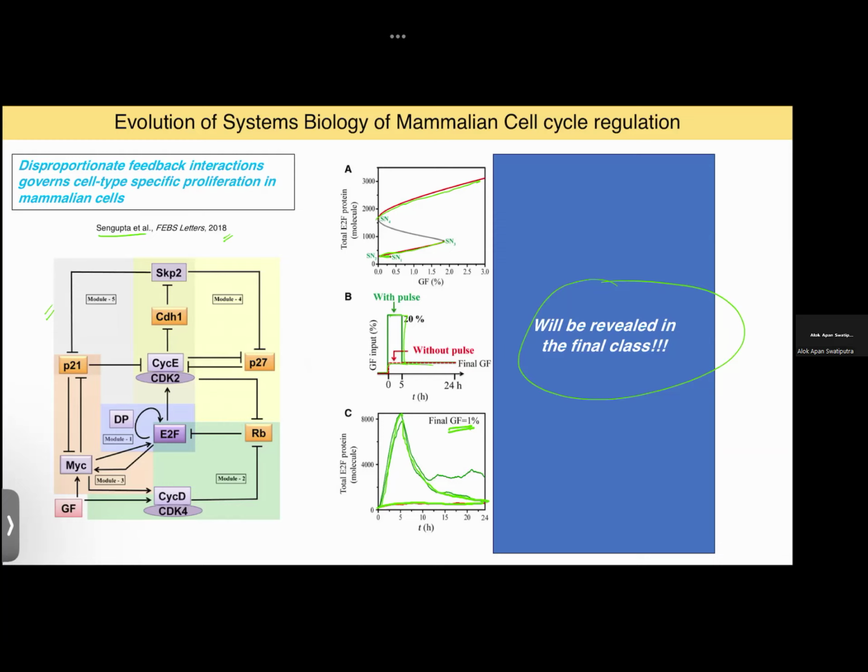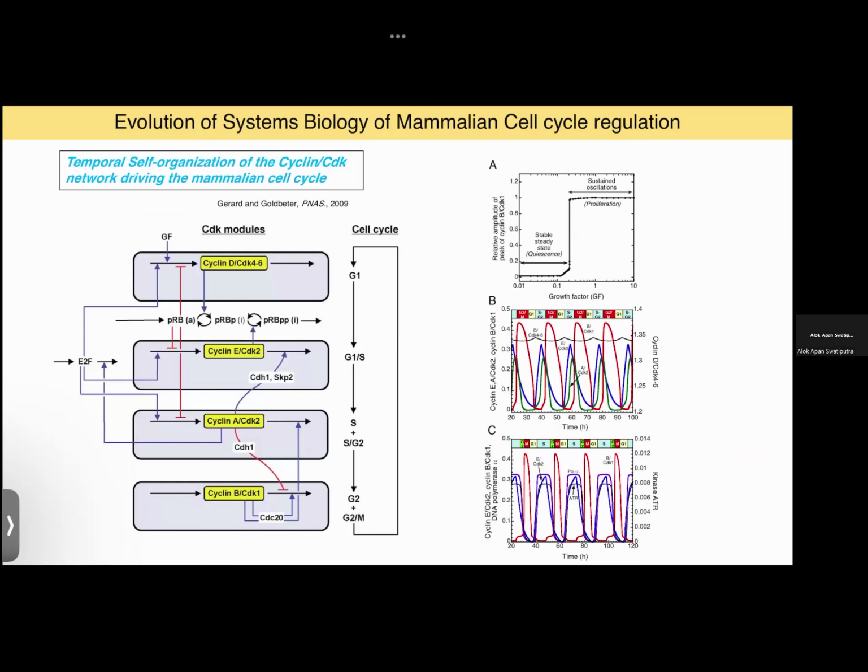Say, if I want to show you the current state of how systems biology is done. Before that, for example, I showed you this RP2. After that Goldbeter's model in 2009, they published a more complicated cell cycle. So you see the complexity is rising across the years. More and more literature is being published, more interactions are coming into the picture.